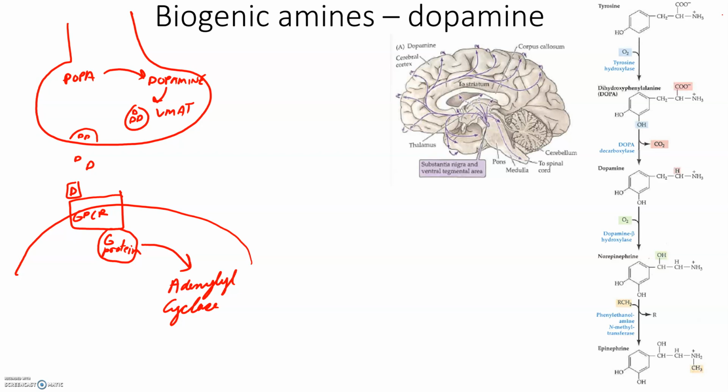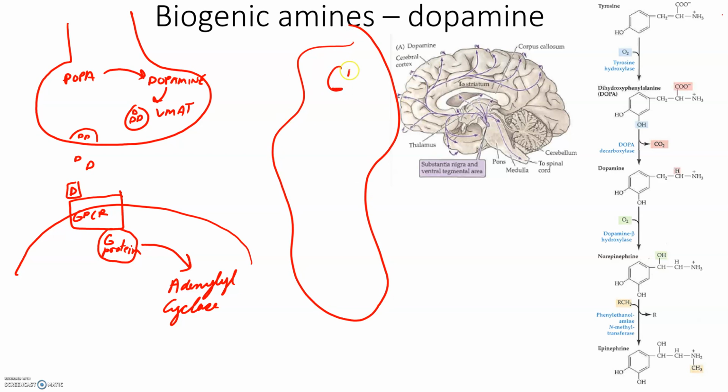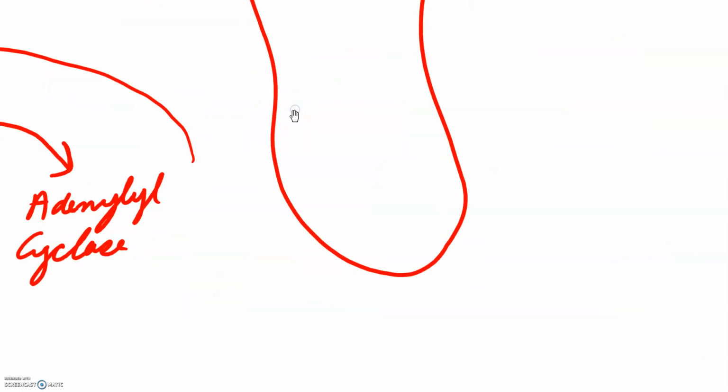Now, what happens to the dopamine that's in the synapse? Well, there are two things. The first thing is that it can enter back into a neuronal glial cell. So say we have a glia over here. So this is a glial cell. And so the dopamine is going to get back into either the presynaptic neuron or the glial cell.